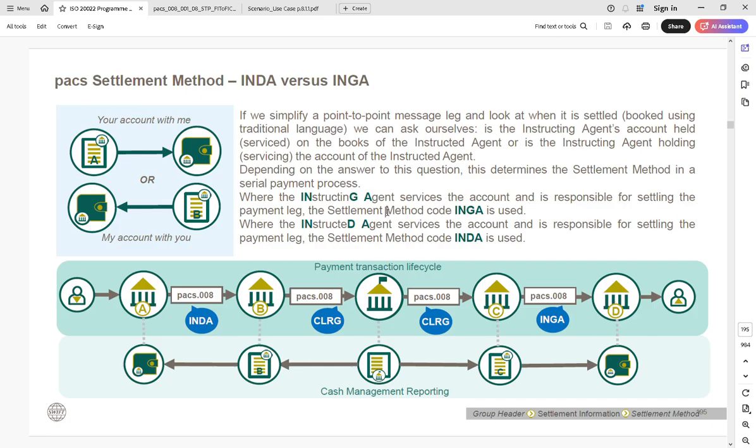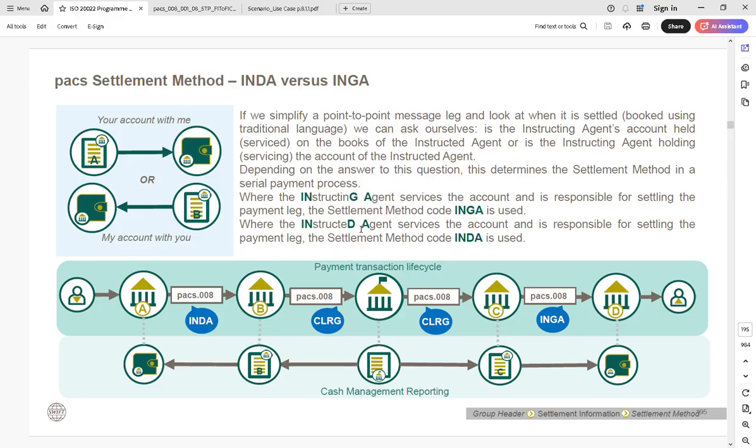The settlement method is called INGA. When the instructing agent, meaning the sender agent, has the account held and is responsible for settling the payment leg, the settlement method called INGA is used.